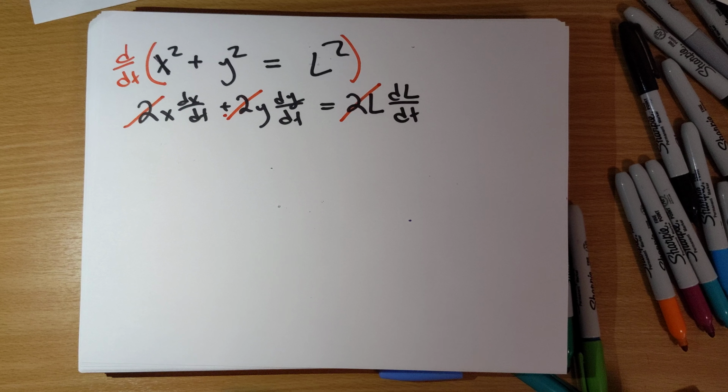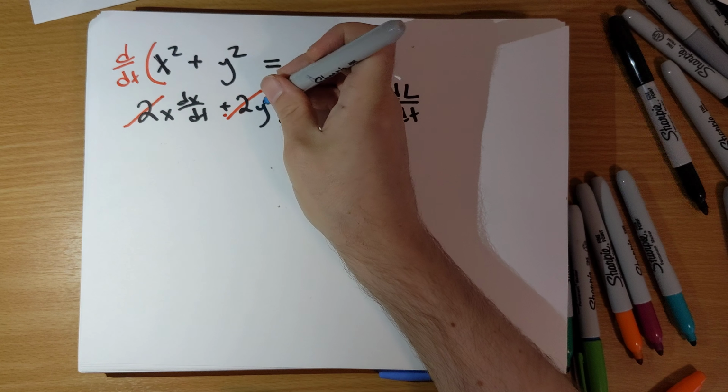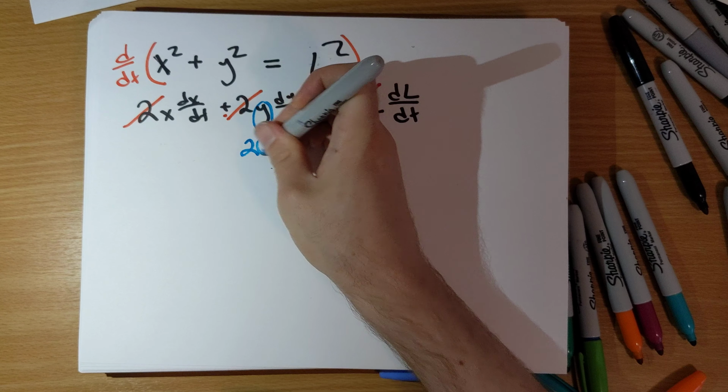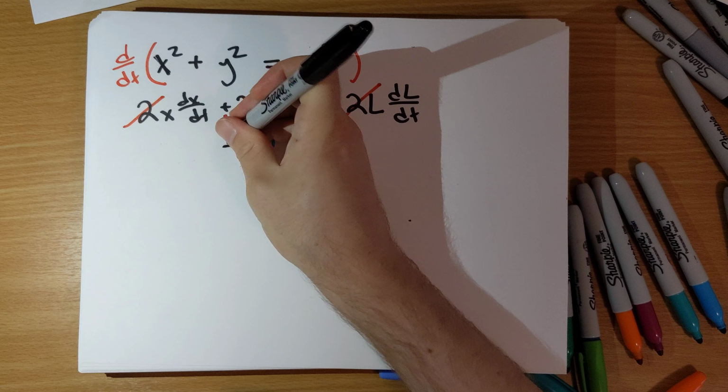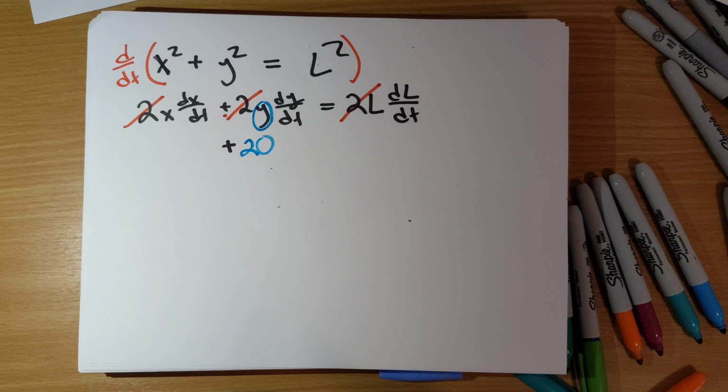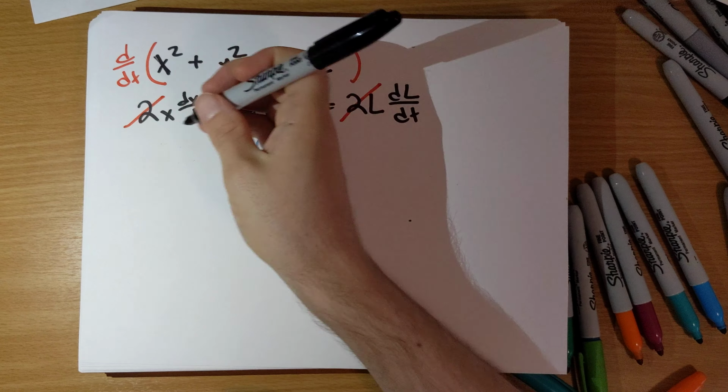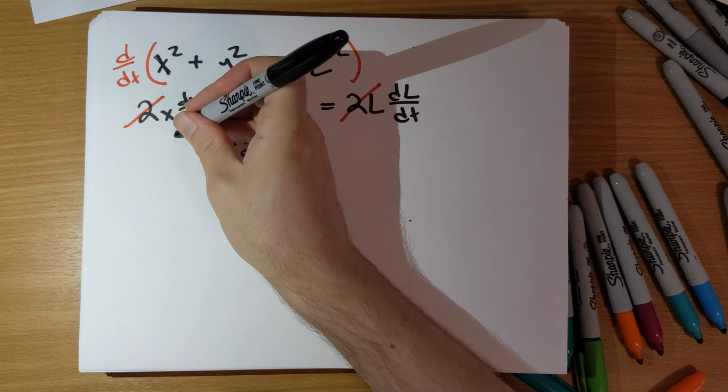Now let's fill in what information we have. The official is sitting still at the finish line 20 meters from the point where the car will cross. So that tells us y is equal to 20. Suppose the speed of the car is 70 meters per second.